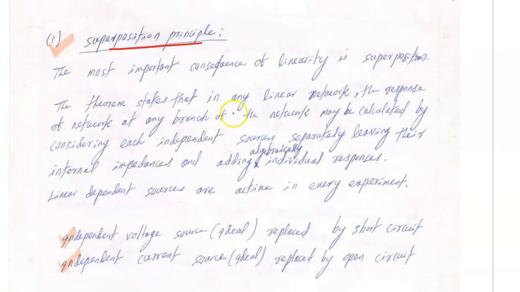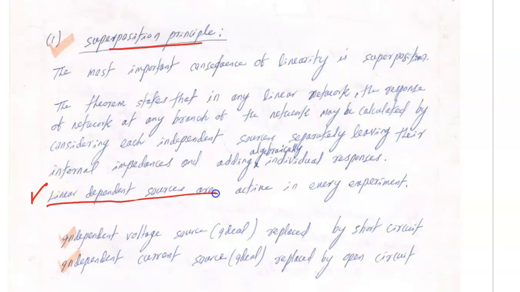Whatever definitions I have written, you can go through, but simply, in any linear network consisting of two or more sources, maybe voltage source, current source, you can consider the network with a given source and all other sources reduced to 0, then algebraically add their responses. But one thing you should keep in mind, replace the independent sources only.